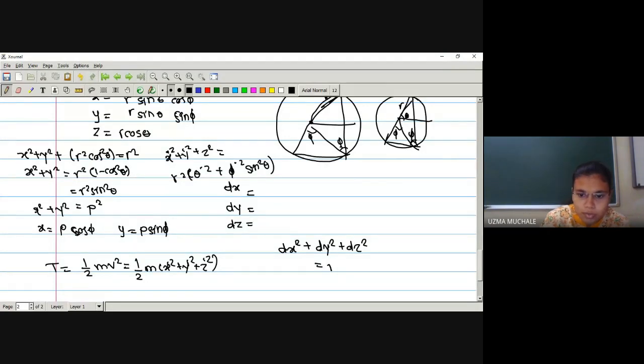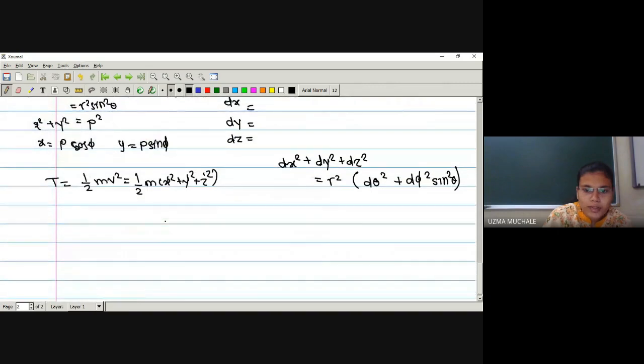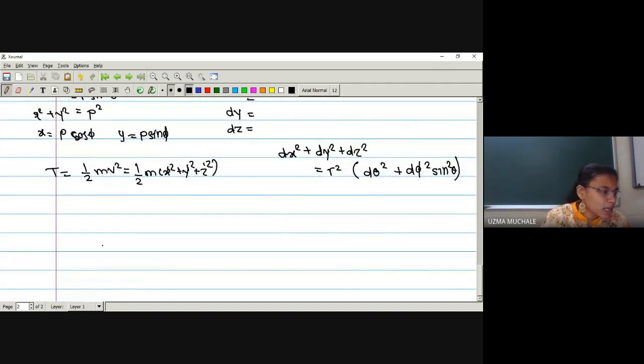It is equal to r square times d theta square plus d phi square sin square theta. ज्यांना आठवत नाही आहे त्यांनी नोट्स बघा. X dot square plus y dot square plus z dot square we have written in detail, or you can go back to the lecture of the spherical pendulum, then you can have this. Okay. So we have found the value of dx square plus dy square plus dz square.